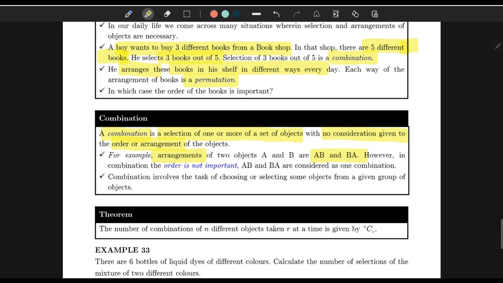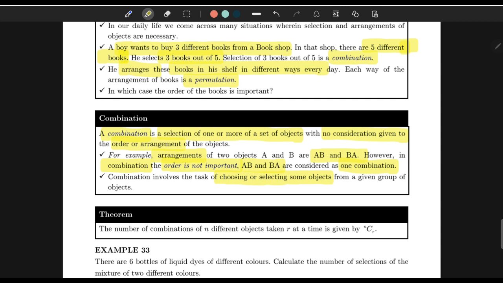However, for combination, the order is not important. AB and BA are considered as one combination. Combination involves the task of choosing or selecting some objects from a given group of objects.